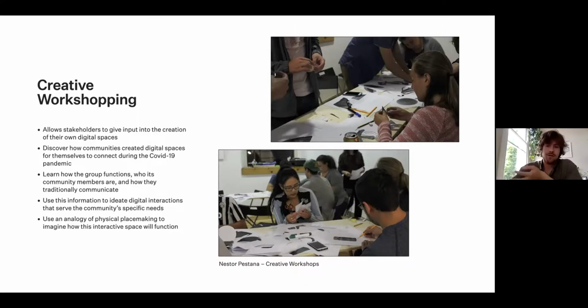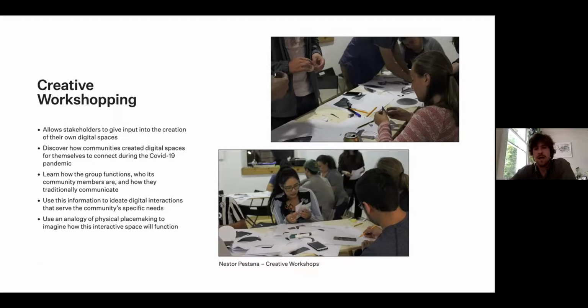And then learn how these groups functioned in real life, how they communicated and who their community members were, and how they would traditionally function. And then use this information to let them ideate digital interactions for themselves that serve their specific needs.